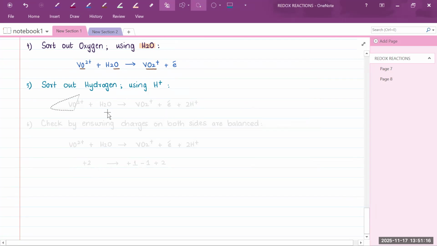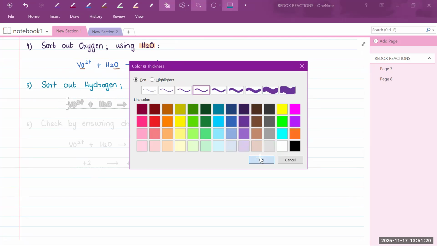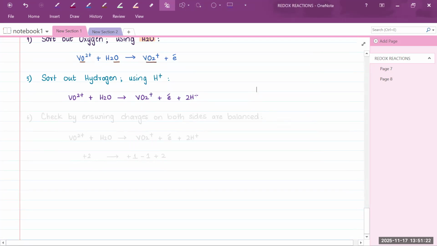You guys don't have to worry that it's difficult or anything. We have two hydrogen here, so we'll add two H plus on the product side, right? And then the last step will be to check by ensuring that the charges on each side are balanced.